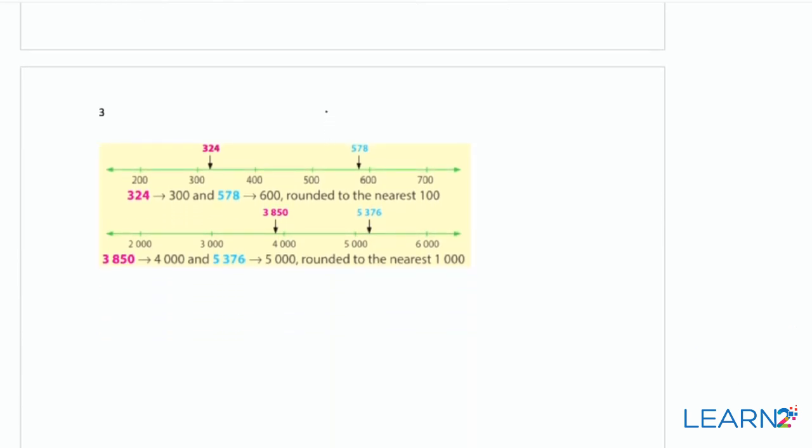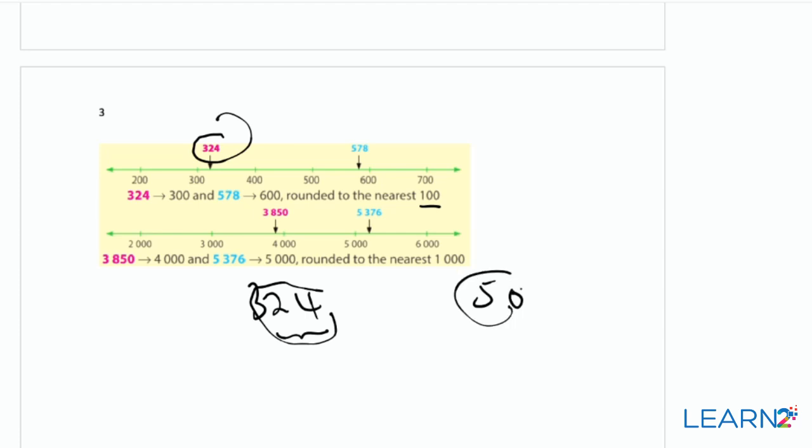So let's go and do a quick revision on how we round off numbers. If we look at this diagram, if I give you the number 324 and I want you to round that to the nearest 100, you need to look at the 24. This 24, you've always got to compare it to 50. Is it bigger than 50 or less than 50? If the 24 is lower than 50, we need to round it to the one that comes before.